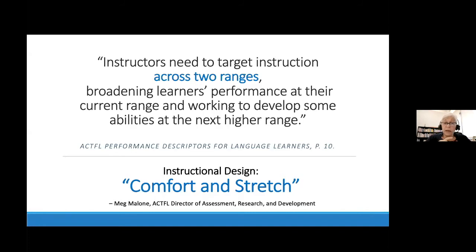Instructors need to target instruction across 2 levels: broadening learners' performance at their current range and working to develop some abilities at the next higher range, or what Meg Malone refers to as comfort and stretch, starting where your students are, starting with what they can do, and then stretching them into that next level, realizing it's going to take time for them to move through the degrees of control.